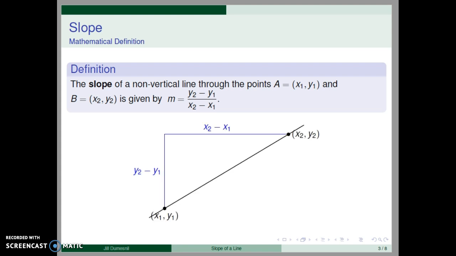If we look at the same picture as before, the 2 points are now labeled with coordinates x1, y1 and x2, y2. We see that the vertical distance between the points is now y2 minus y1, and the horizontal distance is x2 minus x1.